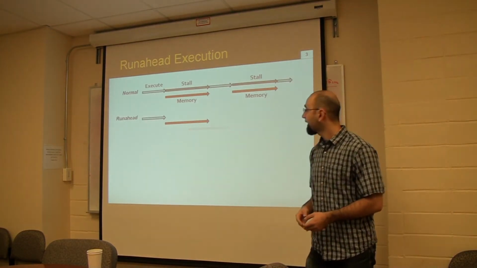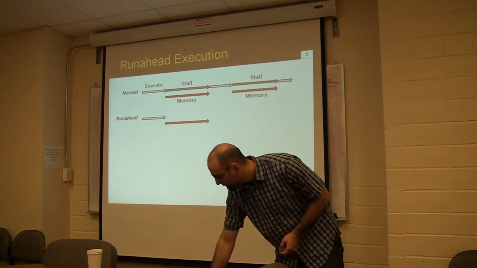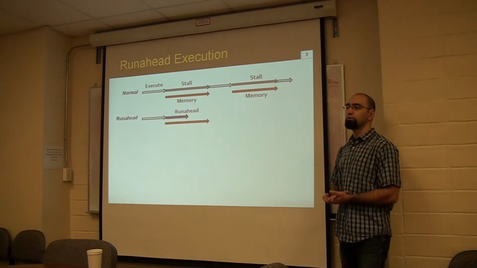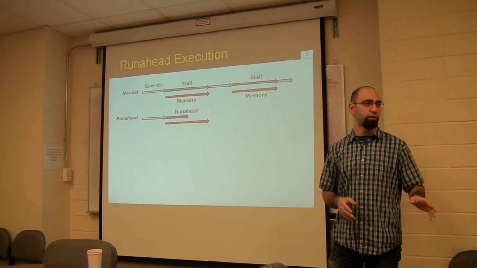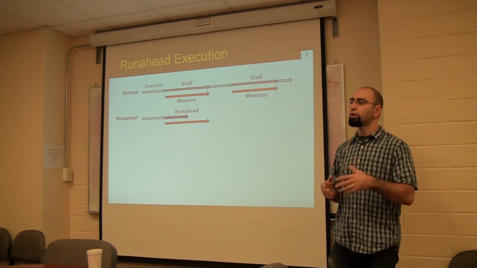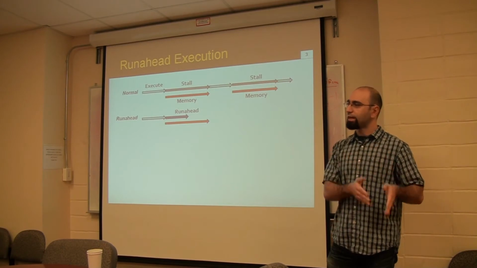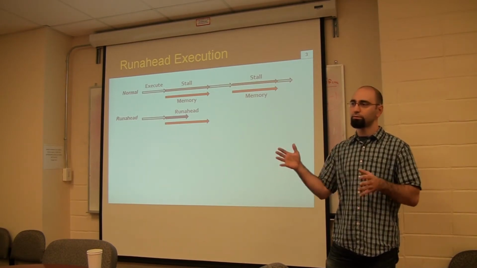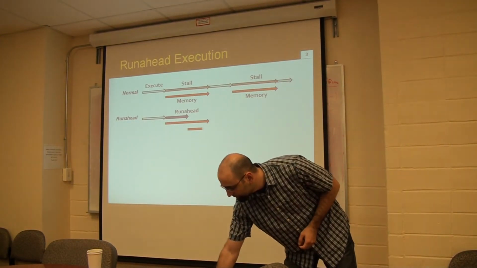In Runahead execution, we run in normal mode until we hit the first cache miss. Then we switch to Runahead execution. In this mode, whatever we do is going to be discarded anyway, so the result doesn't matter. All we're looking for is to find the second miss. We already have the first miss. We want to find the second miss as soon as possible so we can overlap the retrieval of that data from the memory.